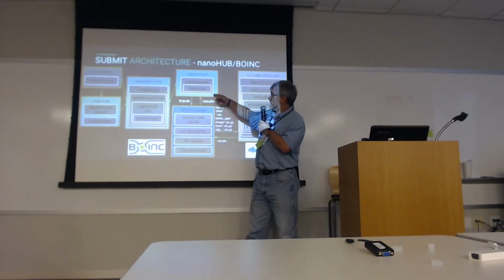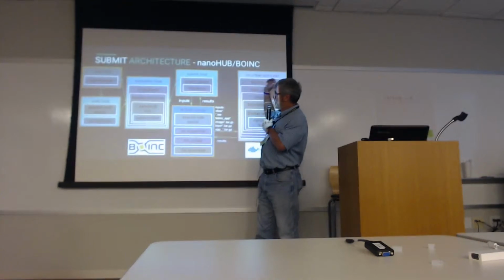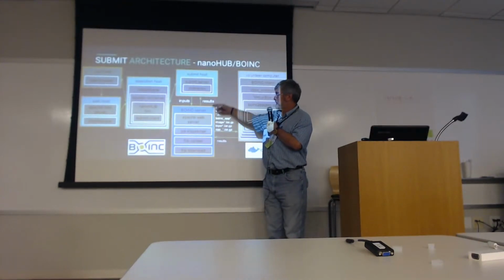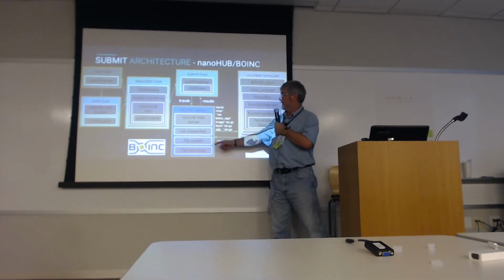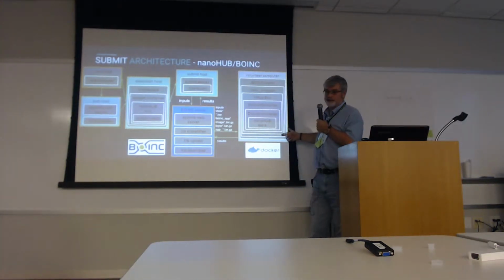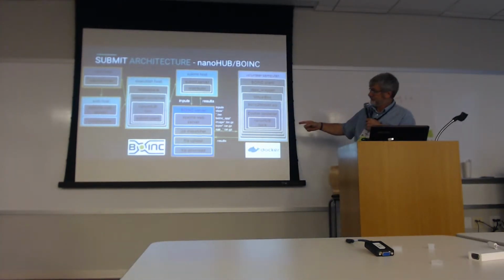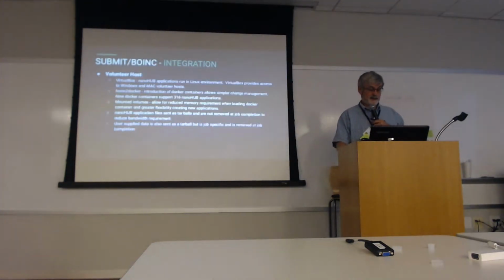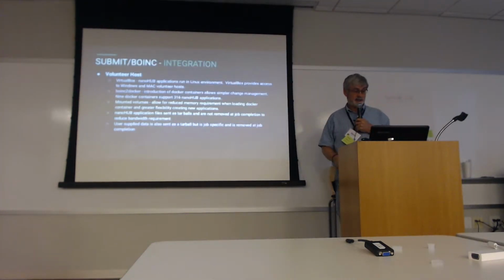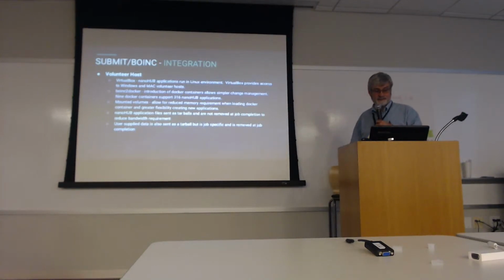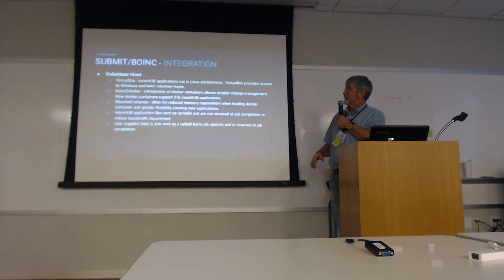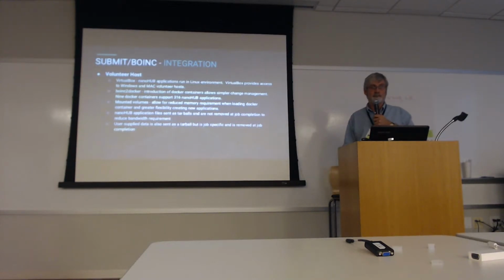There's a submission host where all external work is piped through it, some of which goes to the BOINC server here. And of course, at the end are the volunteer computers, or volunteers and their computers. Okay, so as I mentioned, we're running BOINC to Docker, which employs Docker and VirtualBox to get sort of a homogeneous platform for computation.